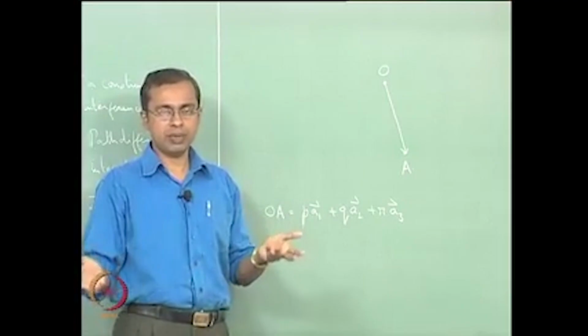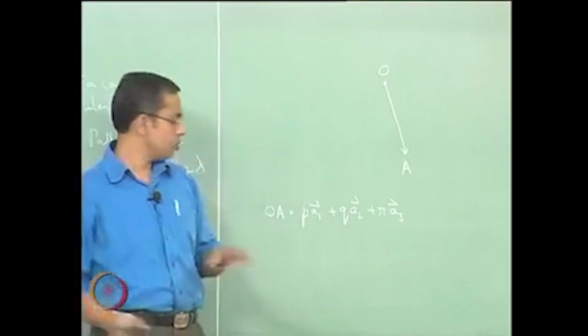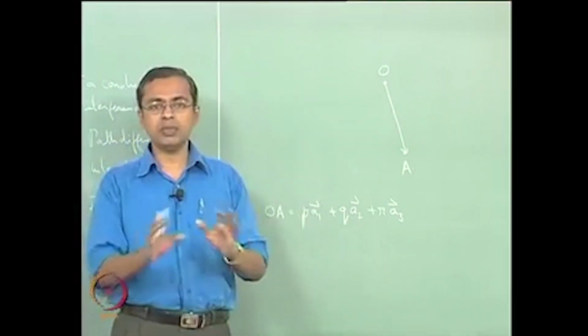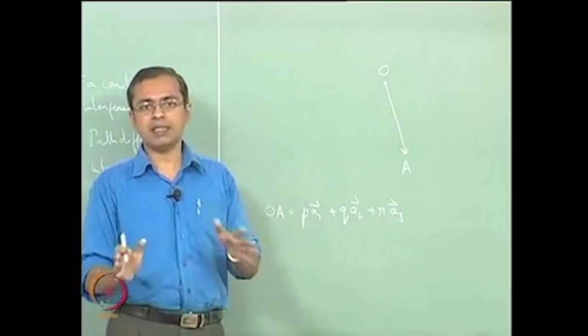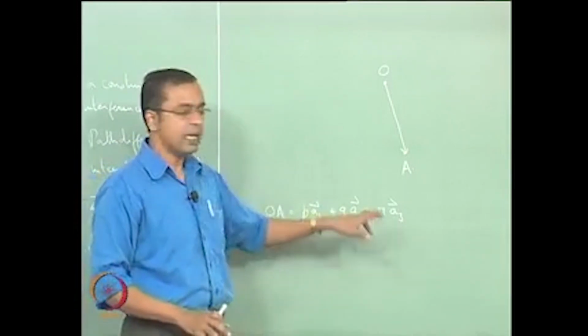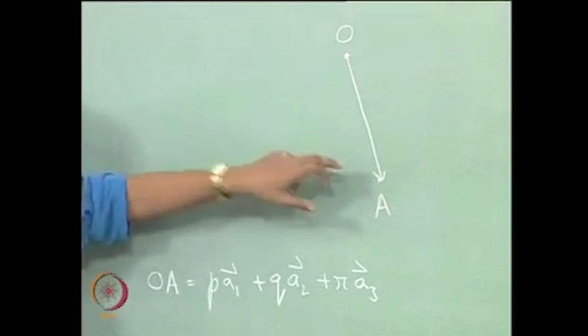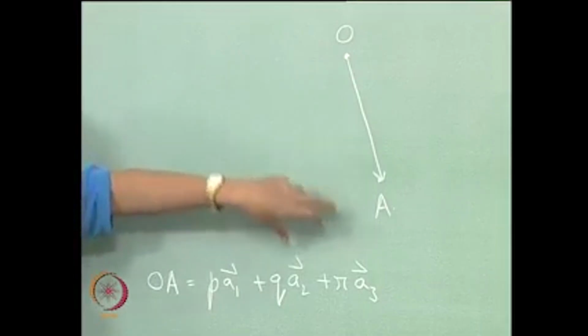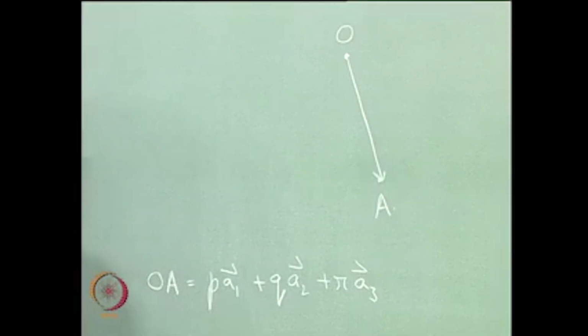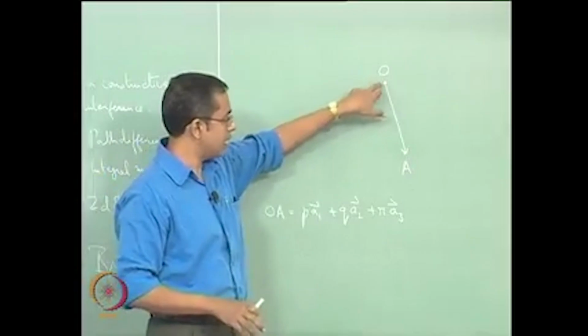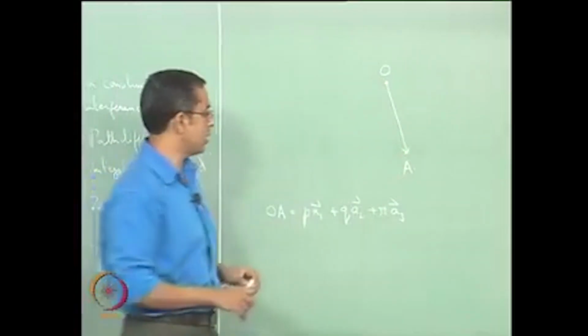That is how A1, A2 and A3 are defined, mainly for our convenience. So in terms of the standard convention used for describing lattice vectors, P, Q and R would be integers. So by definition this vector is PA1 plus QA2 plus RA3, where P, Q and R are integers, because that would lead us from one lattice point to another lattice point based on a convention.